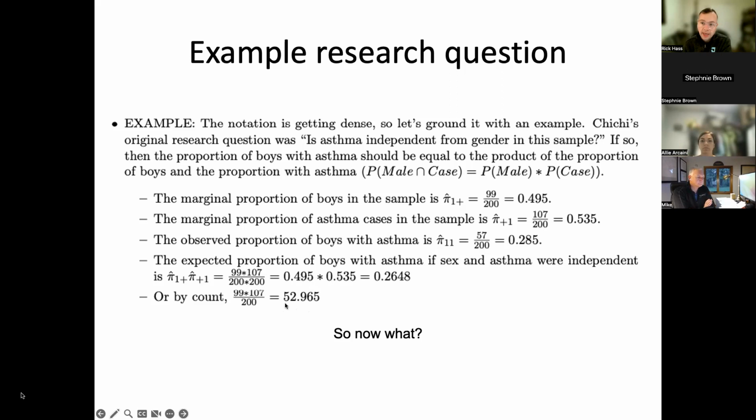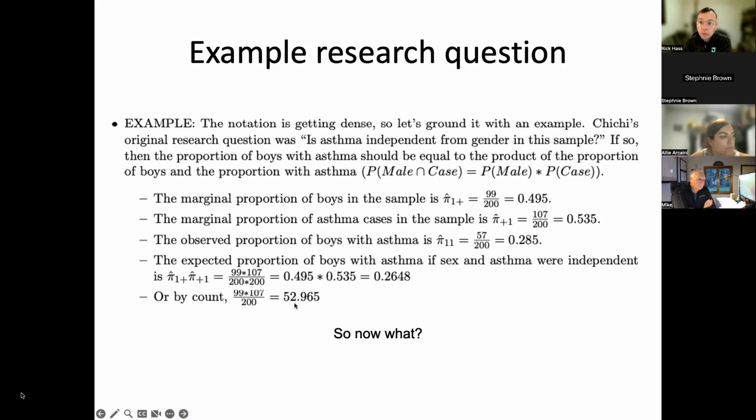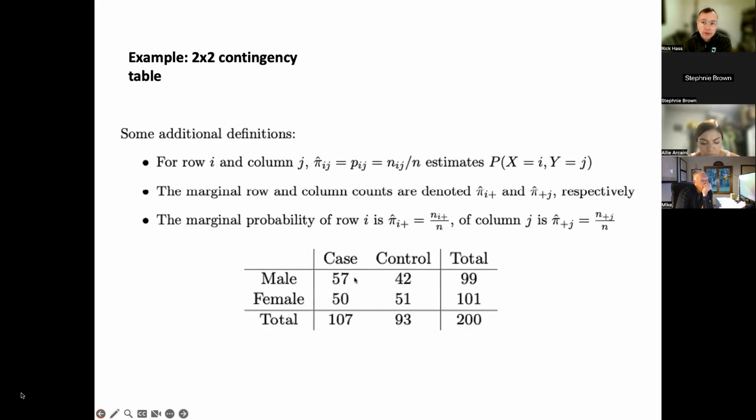Similarly, if we did it by count, if we computed something called the expected count, which is basically the proportion turned into a count, we would get 52.9, so about 53 male asthmatics, which we can see is different from the 57 that we observed. And so that's another piece that becomes important, right? That we're going to utilize in our test an expected value for these cell counts and the observed values.